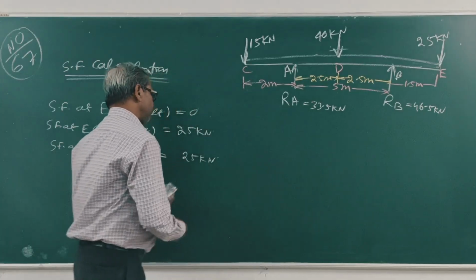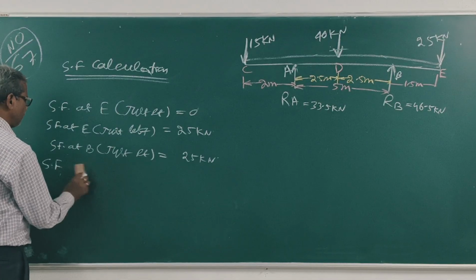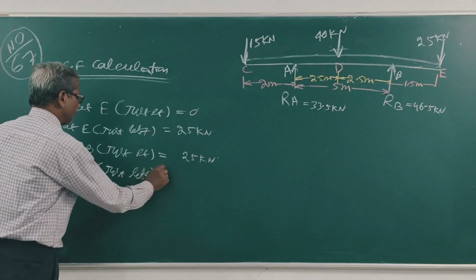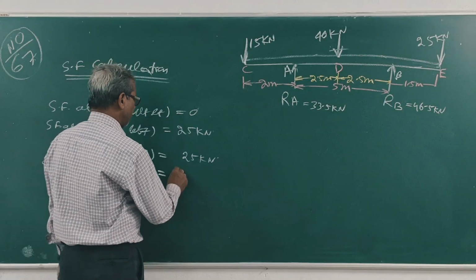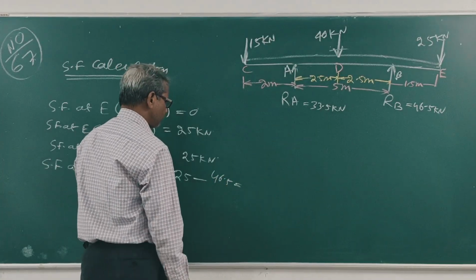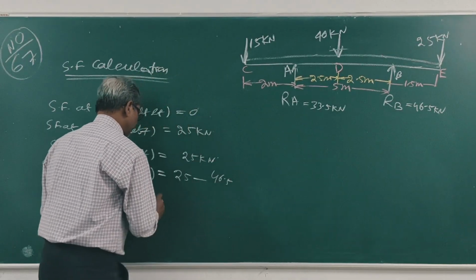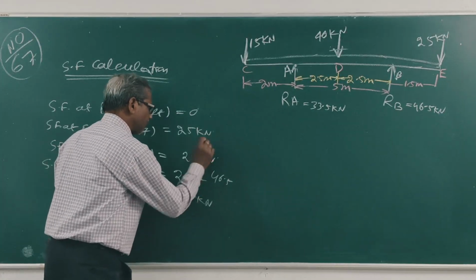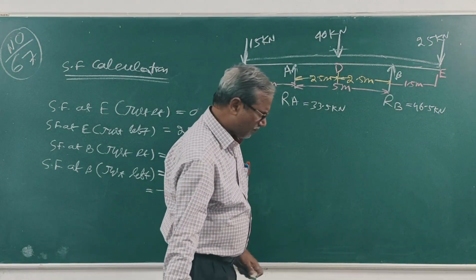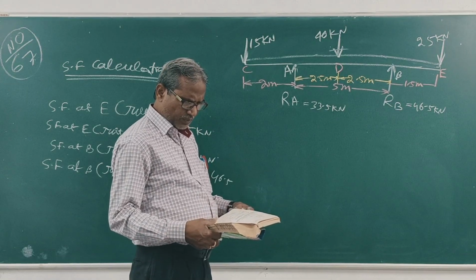Clear? Shear force at B just left is 25 minus 46.5, which is minus 21.5 kilonewton.